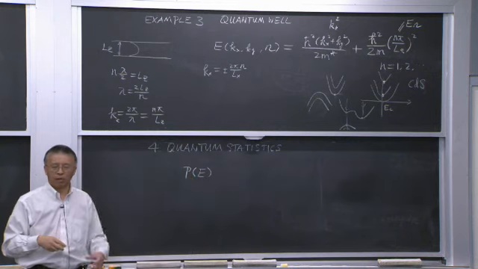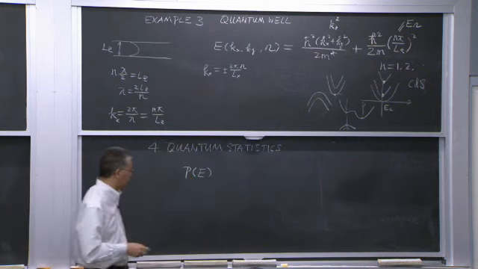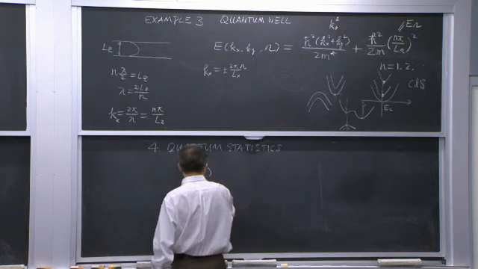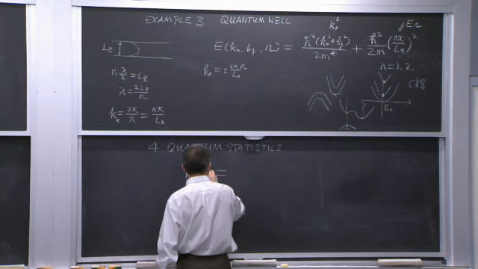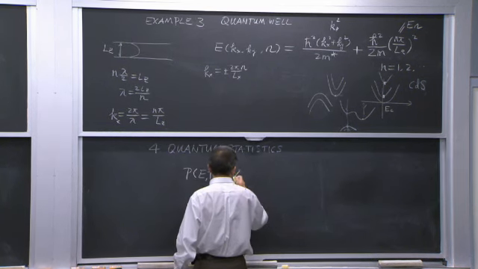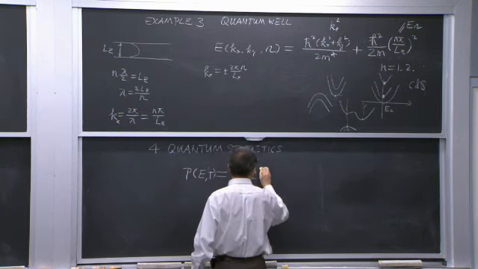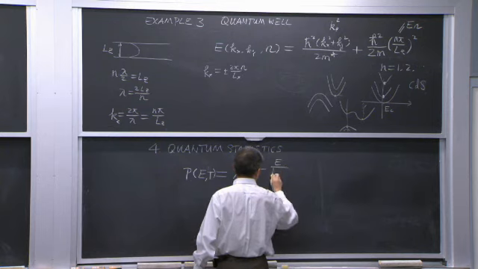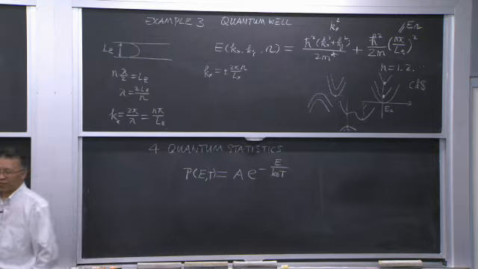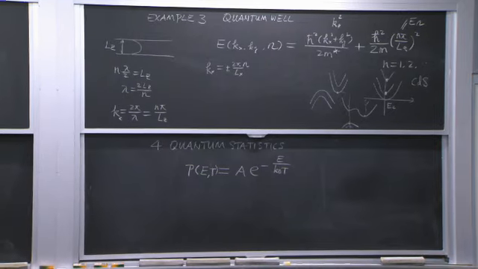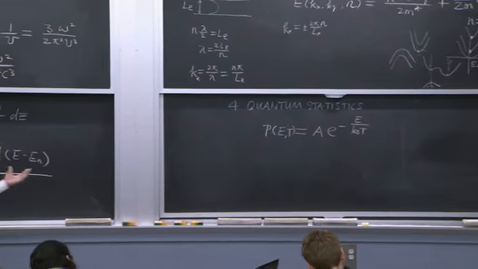We were not discussing whether it's quantum or classical. The probability of a particle having a certain energy at a certain temperature is a normalization factor times exponential of minus E over kBT. This is the Boltzmann factor, right?